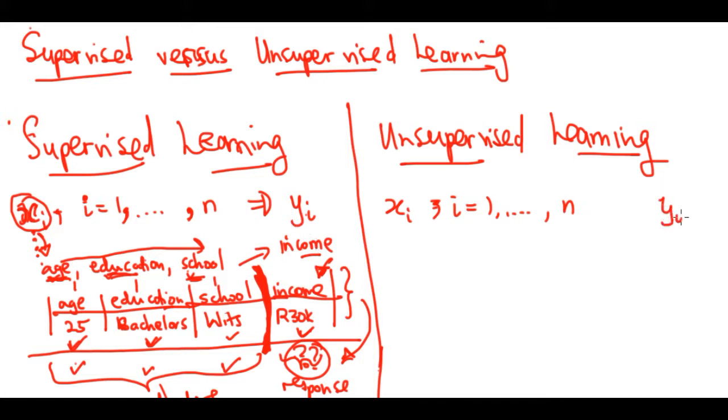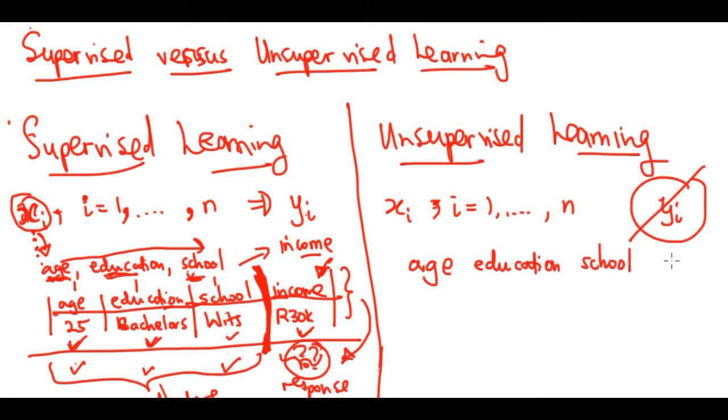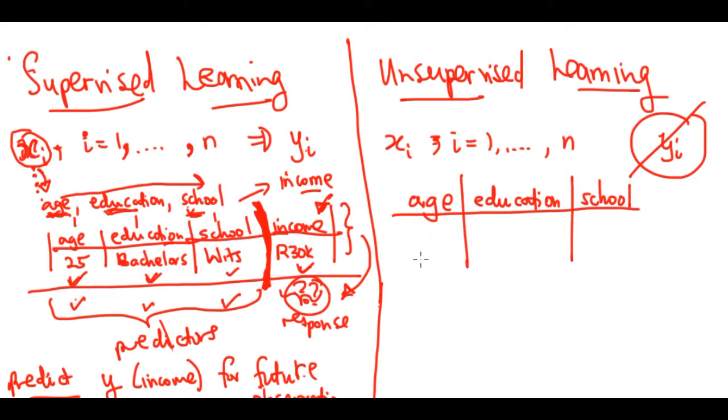For these people, we might have their age, education, school, but we do not have their income level. We just have these x's, the characteristics or demographics of these people. It is not possible to fit linear regression using unsupervised learning data, because there is no variable to predict, or no response variable in statistical learning terms.